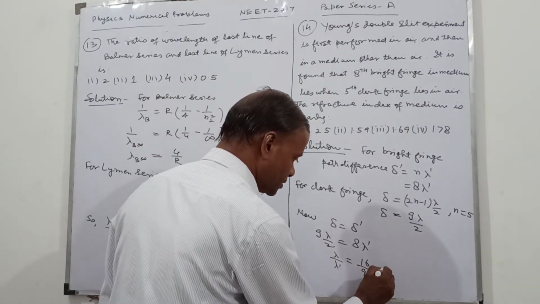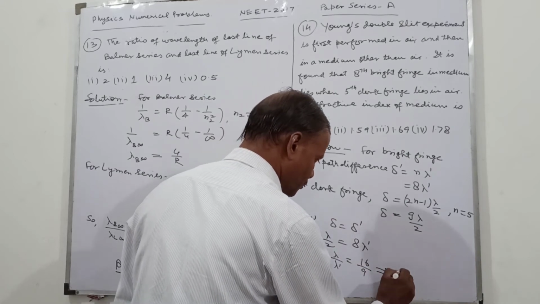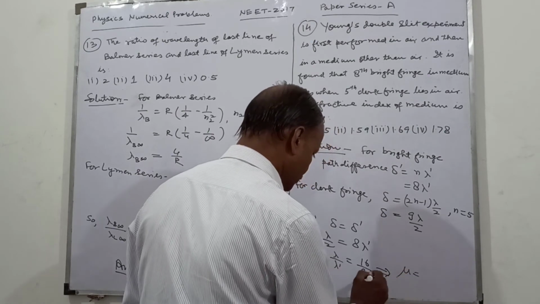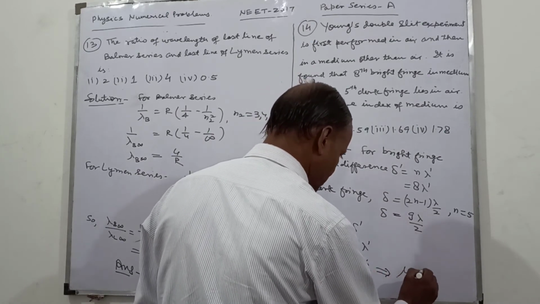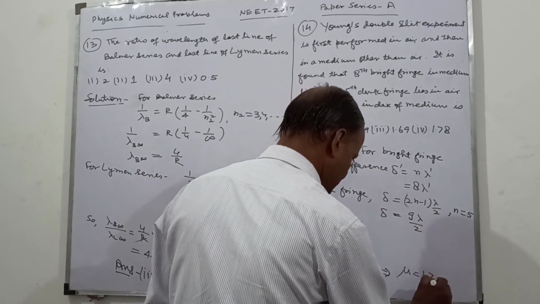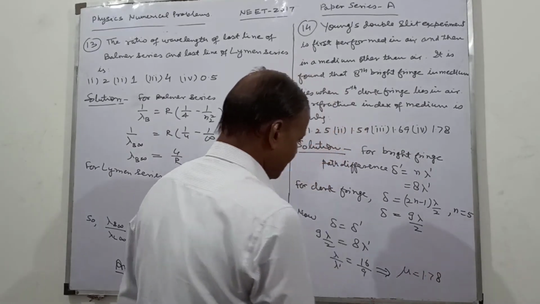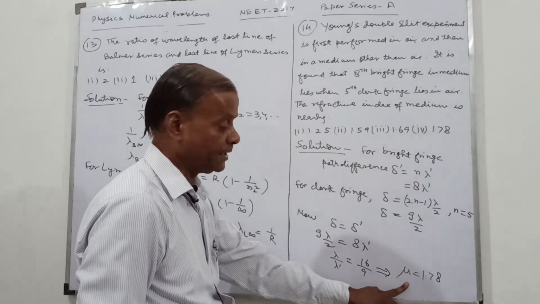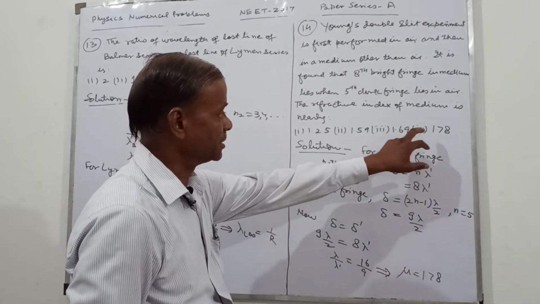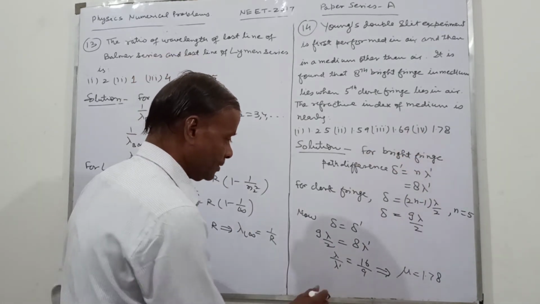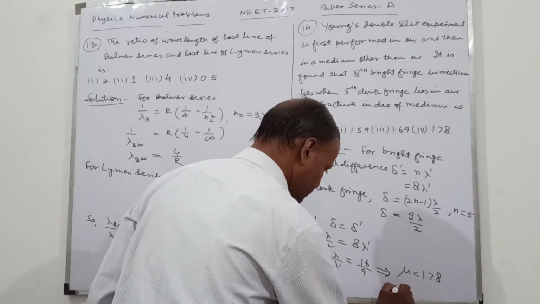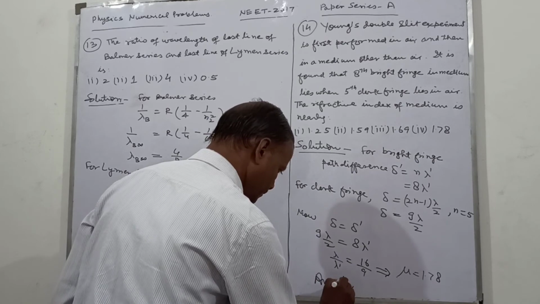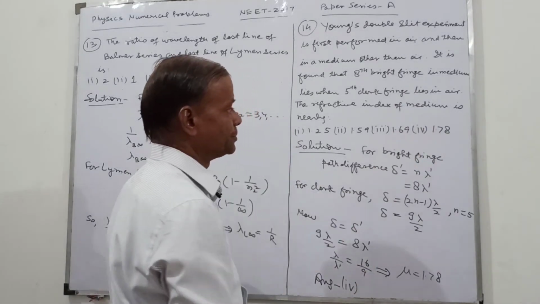So this gives you mu equal to 1.78. Lambda upon lambda dash is equal to mu, the refractive index. So our answer is the fourth one. This is the correct choice.